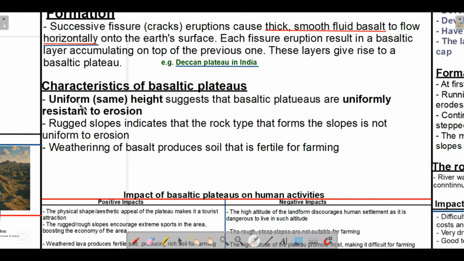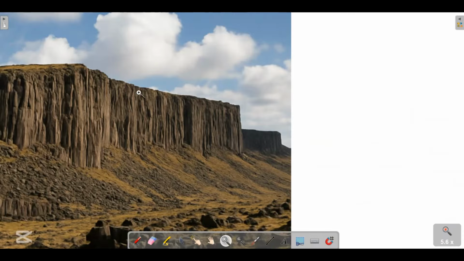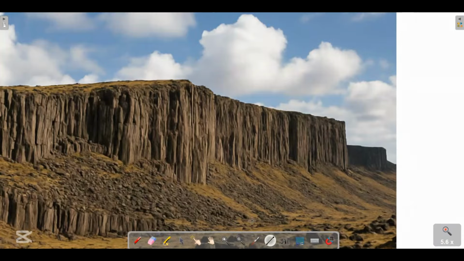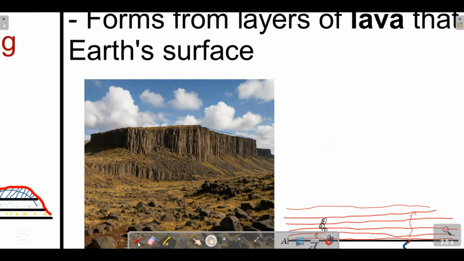A characteristic of basaltic plateaus is that they have the same height, and by the same height, guys, we mean that it has a flat top, as you can see. Okay, it's flat topped. So this means that this basaltic plateau has uniform resistance to erosion. Having uniform resistance to erosion basically means each part erodes at the same rate.